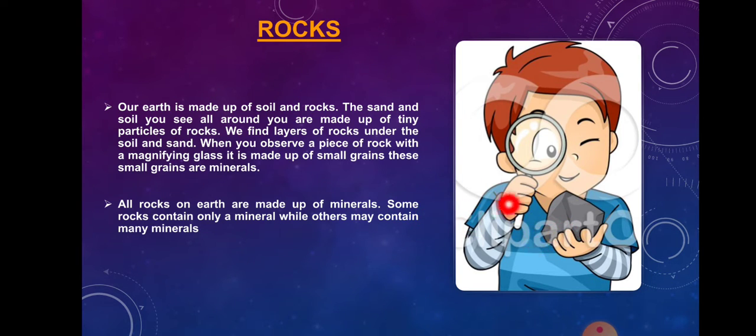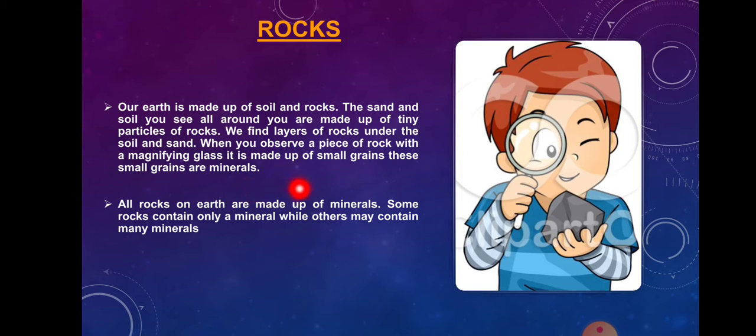Yes, and in this way, when you observe a piece of rock, we find many layers of rocks under the soil and sand. When we dig the soil, we can find many layers of rocks. This you also learnt in the previous class. And when you observe a piece of rock with a magnifying glass, it's made up of small grains.